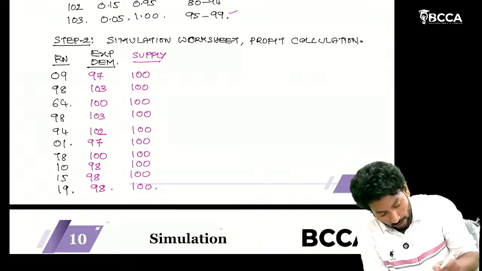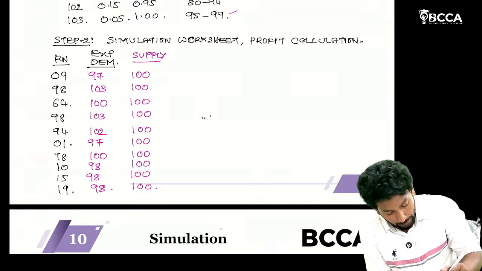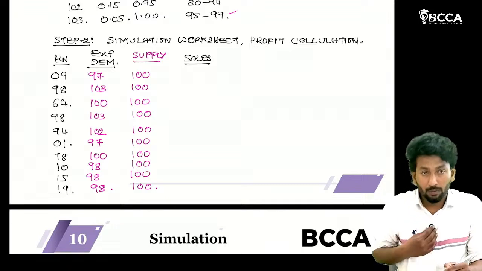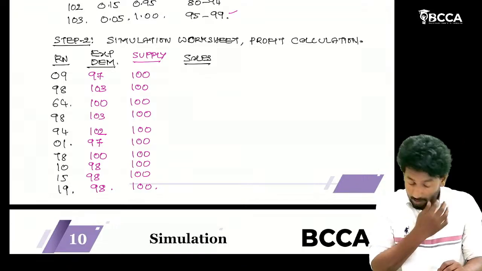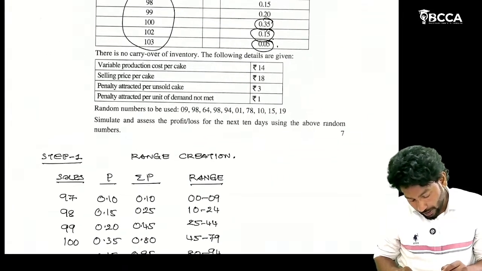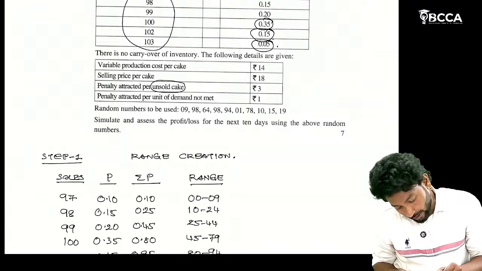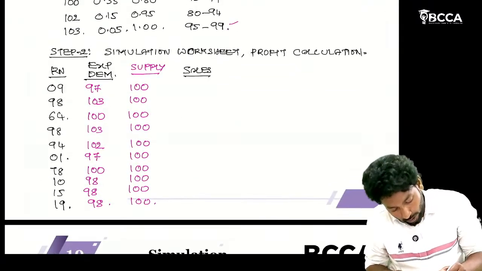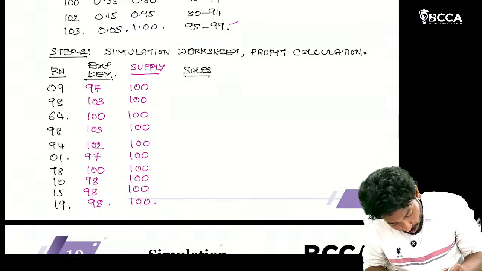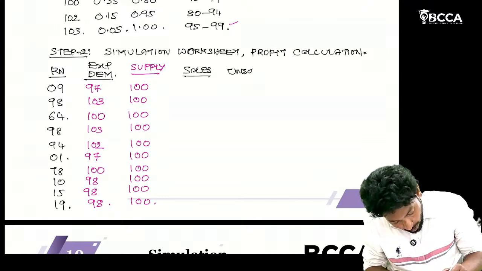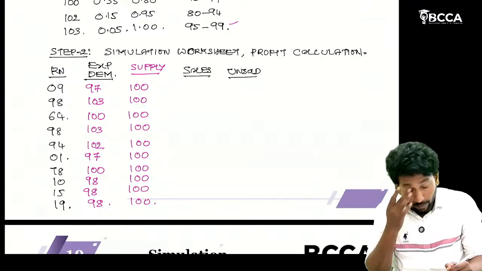Now let us write actual sales quantity. They have penalties: penalty is attracted for unsold units and demand not met. Let us take two columns: unsold units and demand not met. When will we have unsold units?